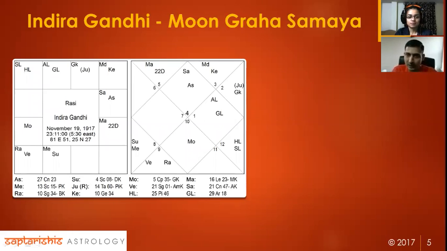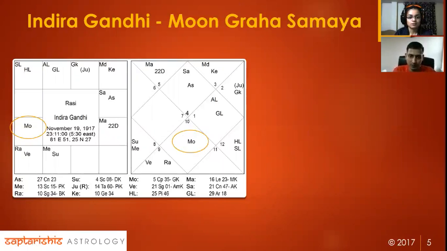Indira Gandhi was born in Sun dasha, undergoing the period of Sun between the age of 0 and 3. But we don't know the details of what happened in her life then, and it's a very young age for a nativity to be analyzed. So I started my analysis with the Moon dasha.